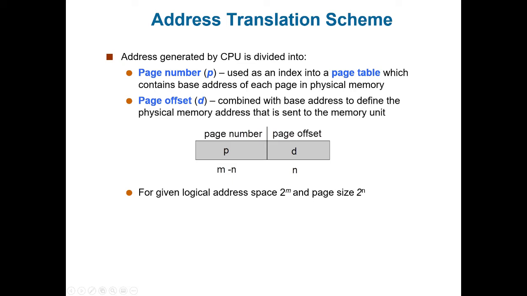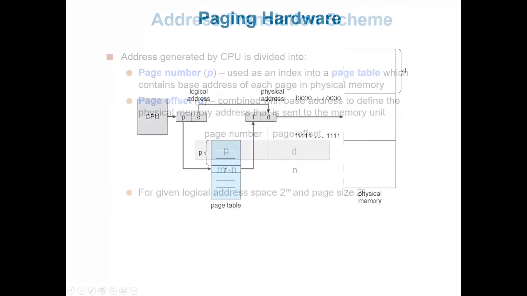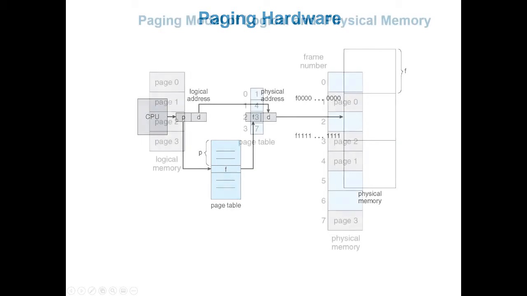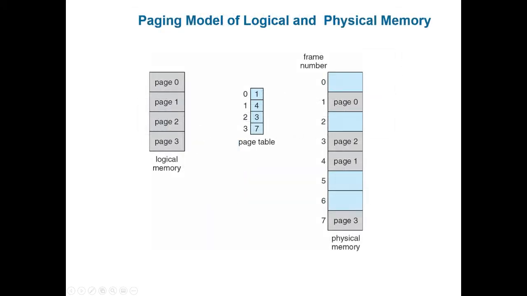The page table is used to look up what frame a particular page is stored in at the moment. In the following example, for instance, page 2 of the program's logical memory is currently stored in frame 3 of physical memory. A logical address consists of 2 parts: a page number in which the address resides, and an offset from the beginning of that page.